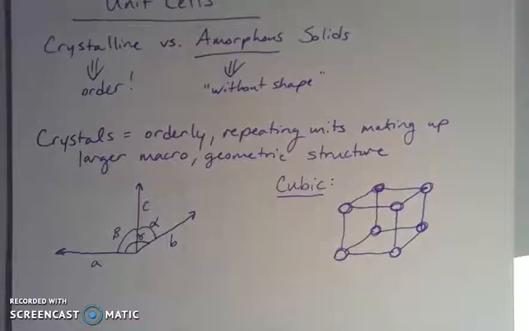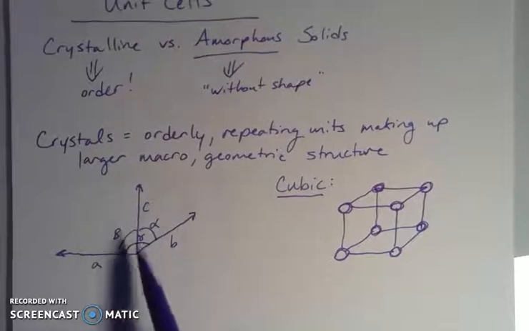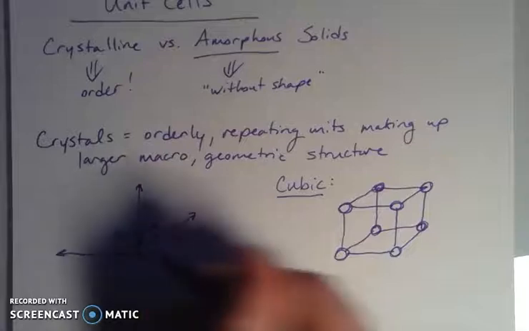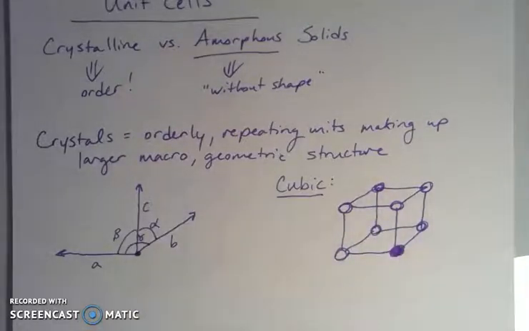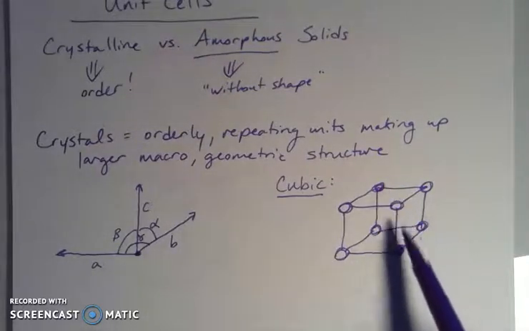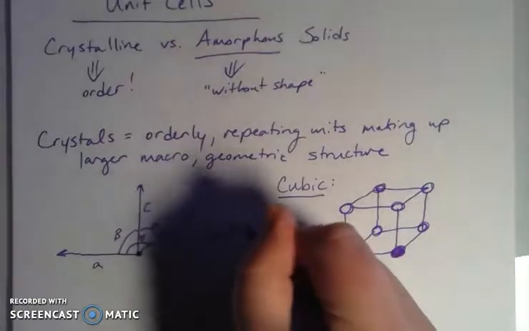Now, when I'm defining these different types of unit cells, I use a general axis, where the origin of my axis is going to be this atom right here. If we're thinking about this in terms of a, b, and c, then my side lengths in a cube are all going to be equal to each other.